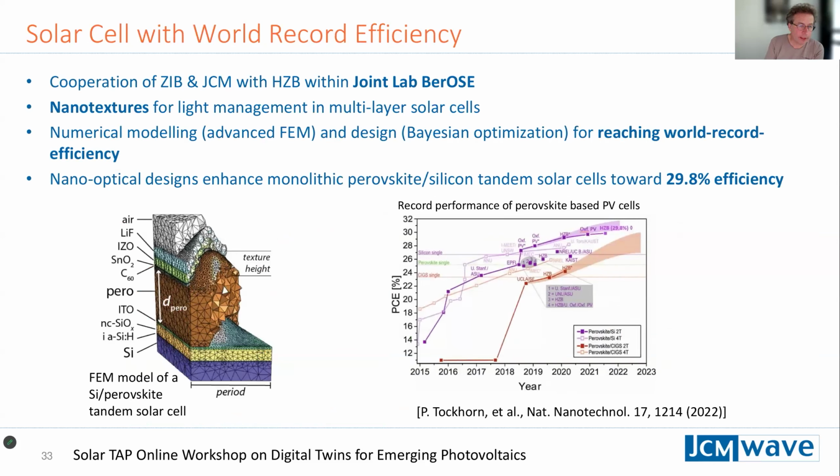Okay, and then finally, this is a result from Helmholtz Center Berlin again, where they designed and then also experimentally fabricated a silicon perovskite tandem cell, which was one of the dots in the plot which Carsten also showed earlier today, because it was a world record efficiency at that time with about 30% PCE.